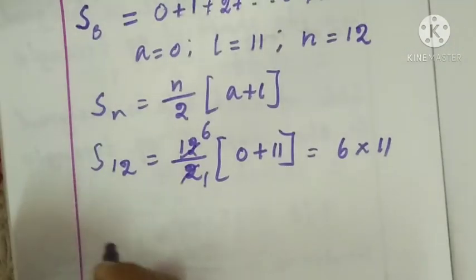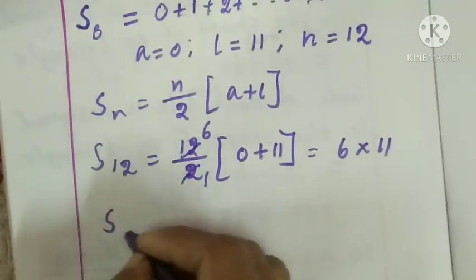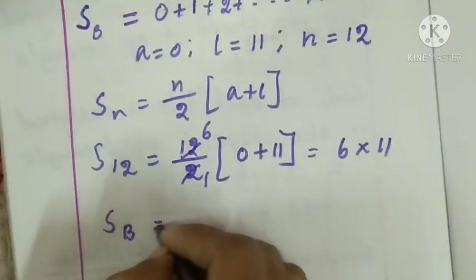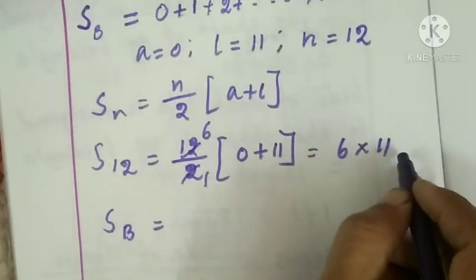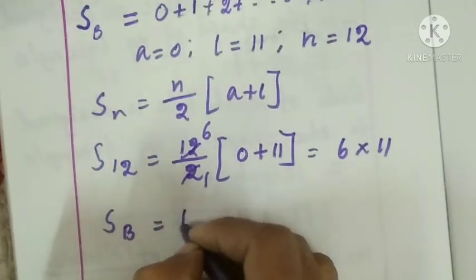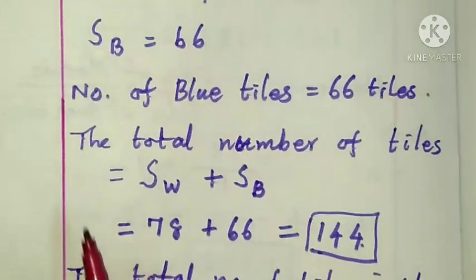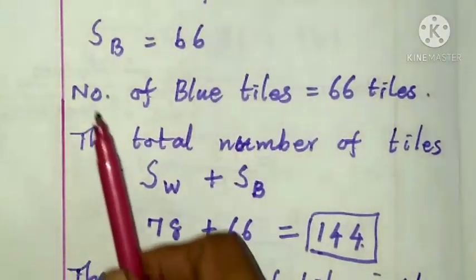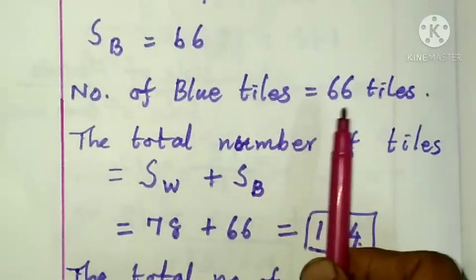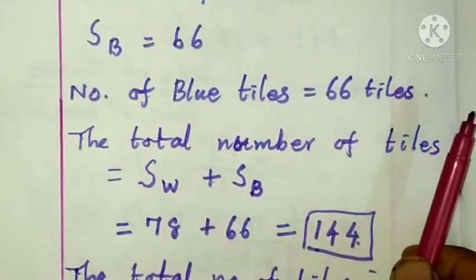Now the number of blue tiles SB is equal to 6 into 11, 66. Hence, you take down and write the answer. Number of blue tiles is equal to 66 tiles.